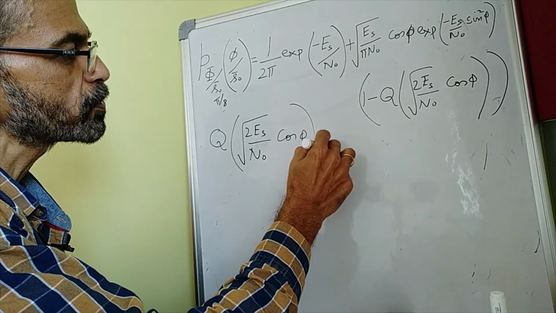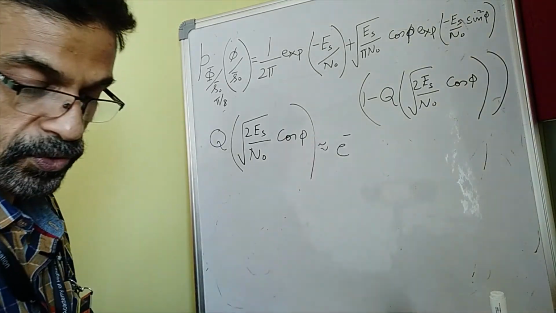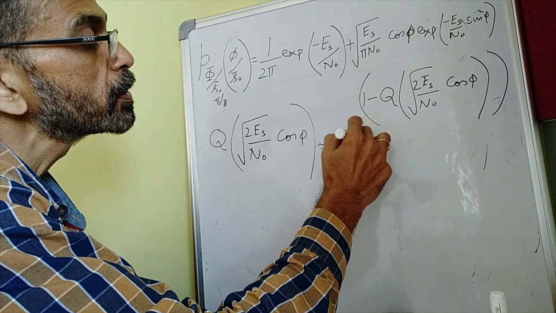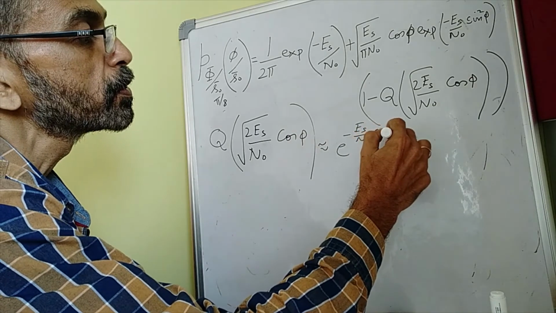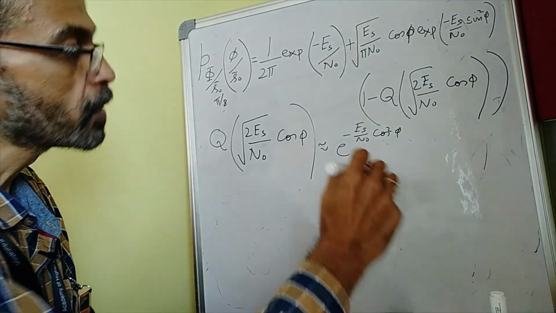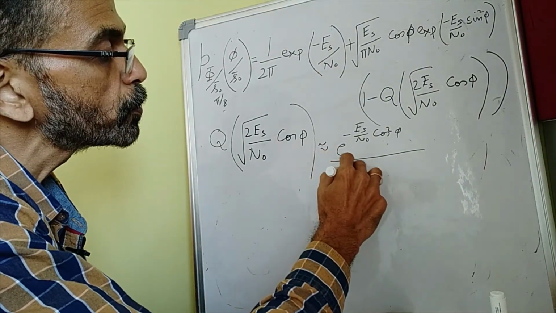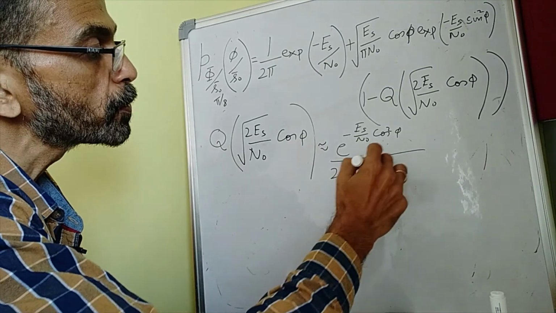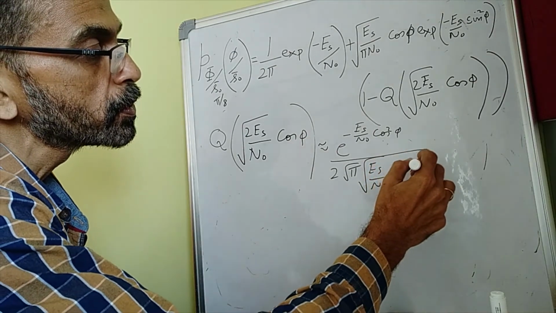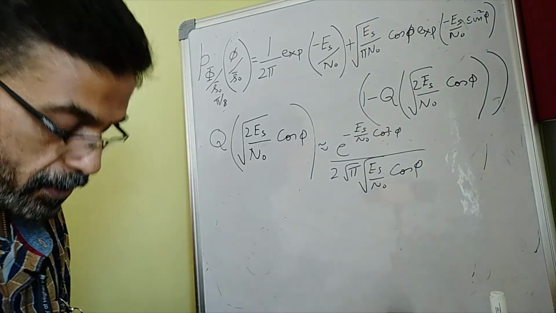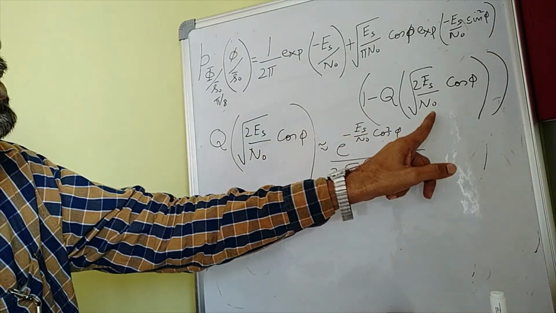This can be approximated as equal to e raised to minus Es by N0 cos square phi divided by 2 root pi root Es by N0 cos phi. So we can approximate it like this, and this approximation of Q you substitute over here.